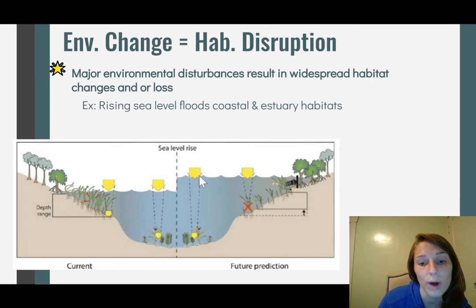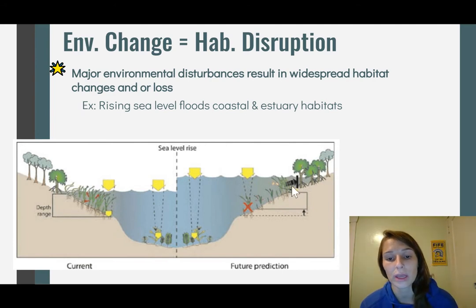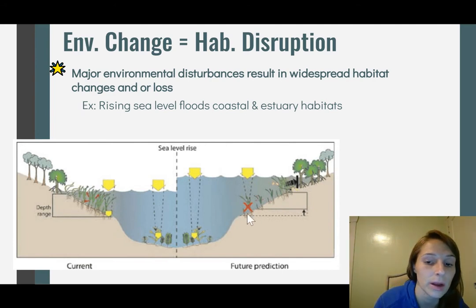If the sea level rises, these plants who need to be really close to the sun and getting out of the water, they're not going to be able to do that. They're not going to be able to get the sunlight they need. So they are going to die off, which again is going to be pushing where these plants are going to need to be moving in order to survive, because down here, they're not going to be able to survive anymore. They do not get the sunlight that they need.